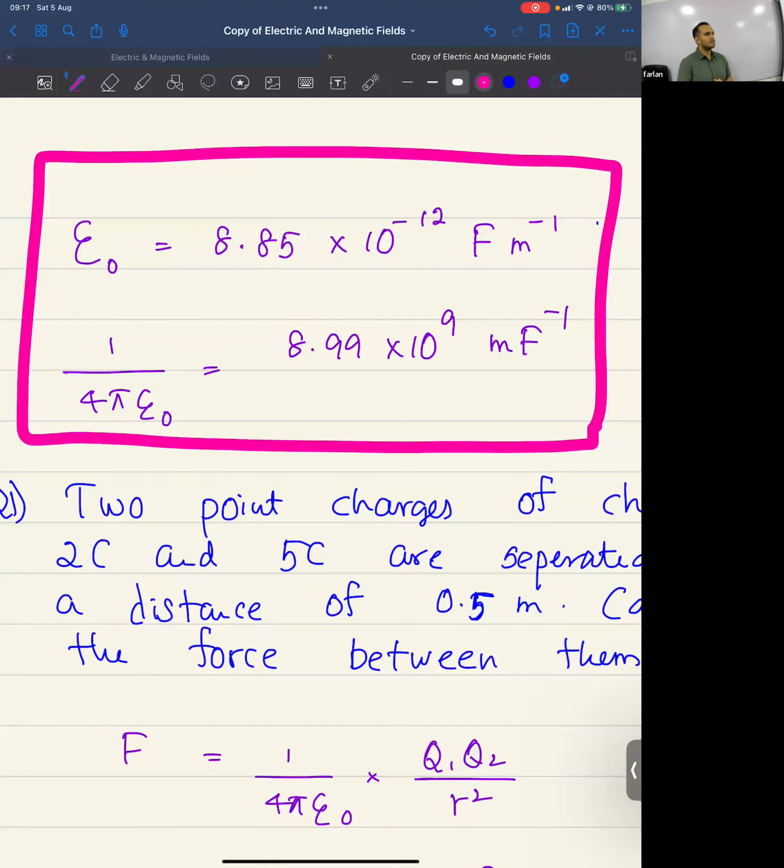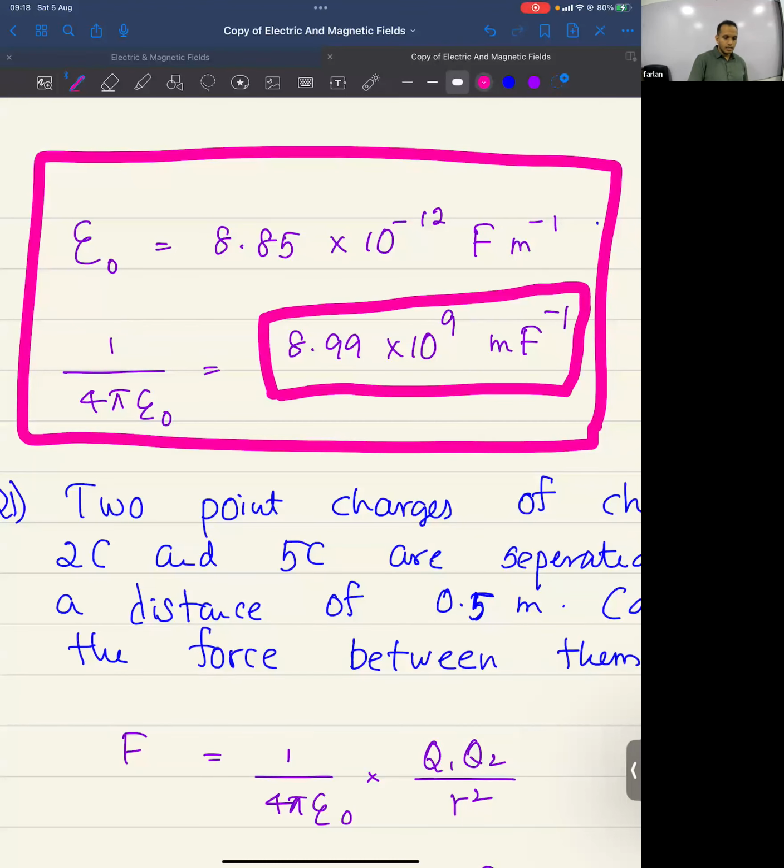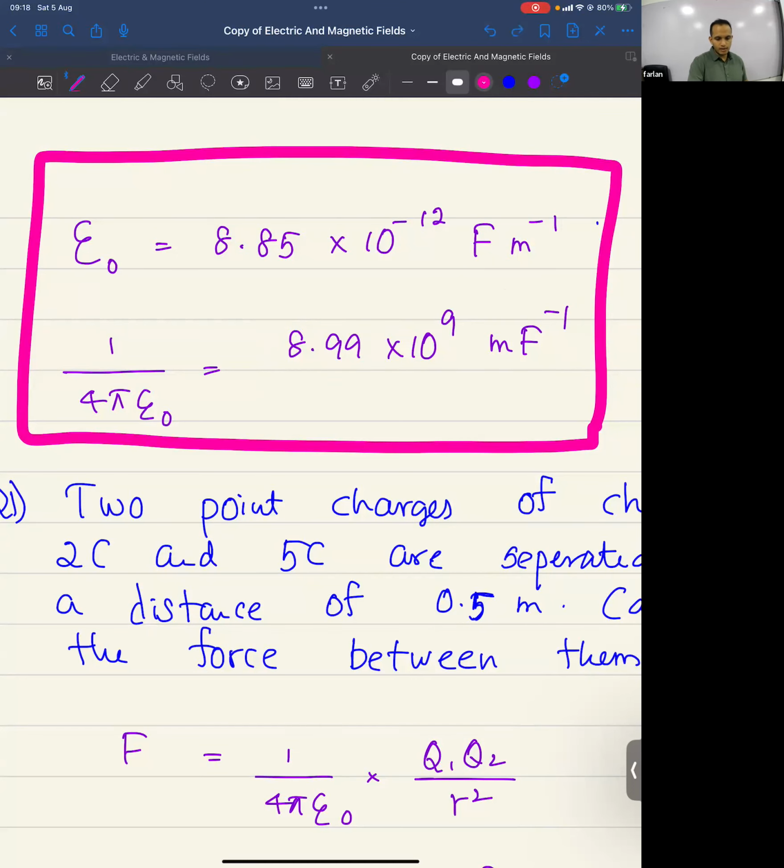Farads per meter, F m minus 1. Farads, you know farads, right? The unit of capacitance. So that is epsilon naught. So then we can get 1 over 4 pi epsilon naught at once. This will be 8.99 into 10 to the power 9 meters per farad.